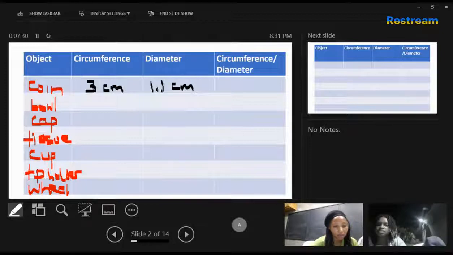For the bowl, the diameter I have is 9.3 centimeters.